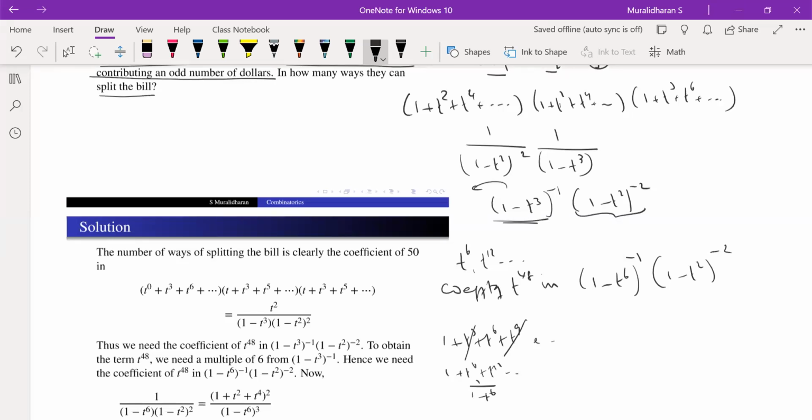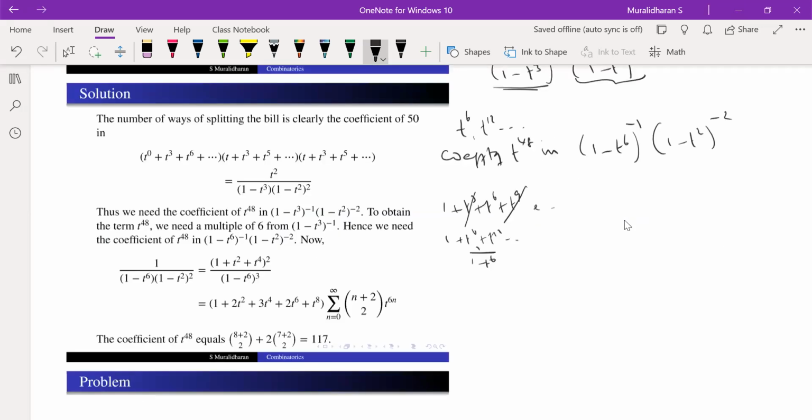Okay. Now, what I have here, I want 1 minus t power 6. So just as in the previous problem, I want to convert this into 1 minus t power 6 so that I can easily apply the theorem. So if I have 1 minus t square whole square, I have 1 minus t square into 1 plus t square plus t power 4, and this will become 1 minus t power 6.